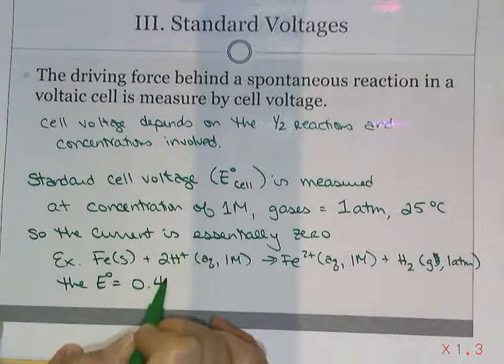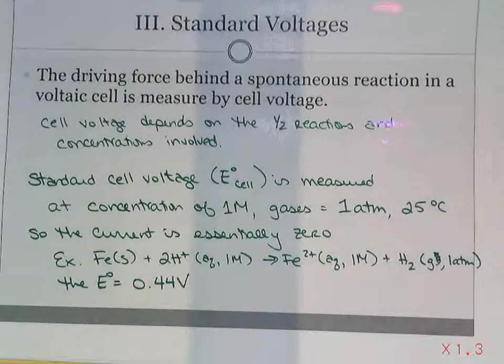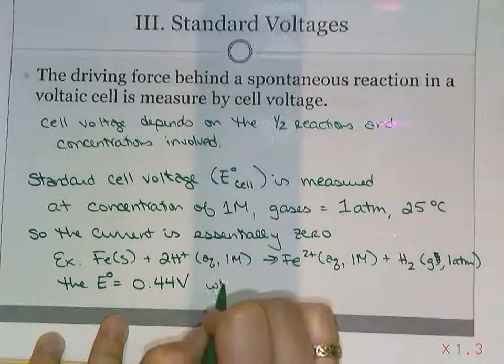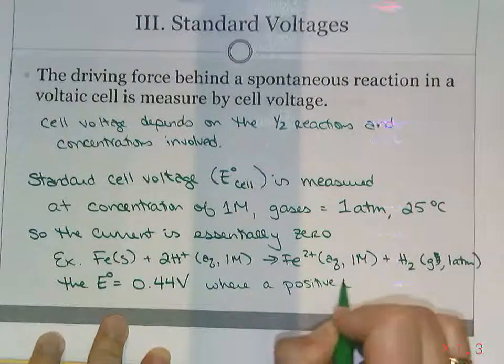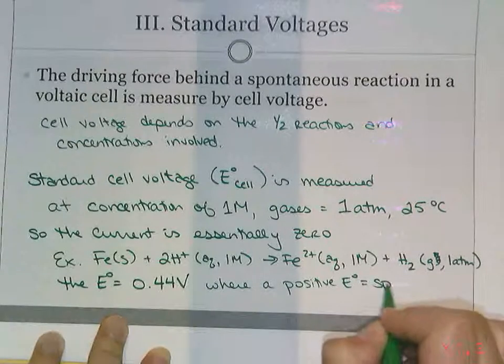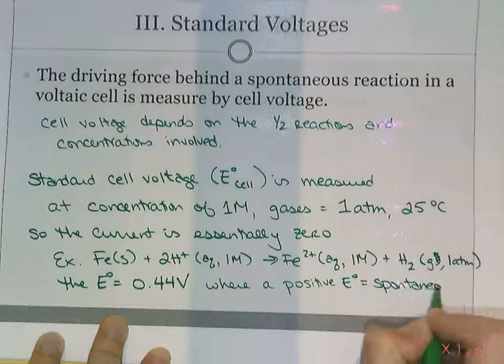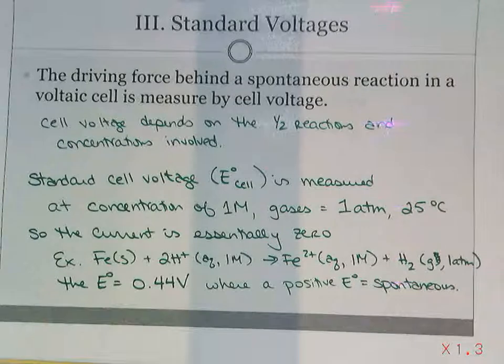We'll talk in a second about how to figure this out. But the E0 for this reaction is positive 0.44 volts. A positive E0 tells us that this reaction goes forward as written.